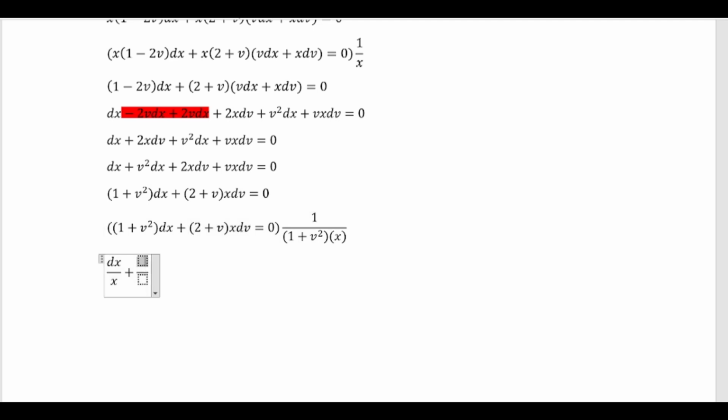But of course, v has actually been transferred and removed from this term. And we'll be left with the denominator of 1 plus v squared. Of course, don't forget equals 0. Now this one can be integrated already because x and dx are paired and v and dv are paired.